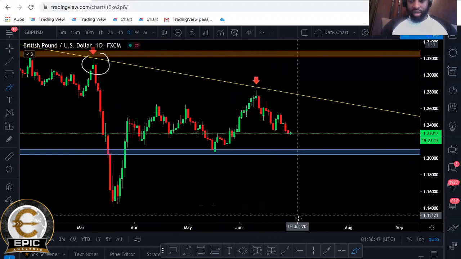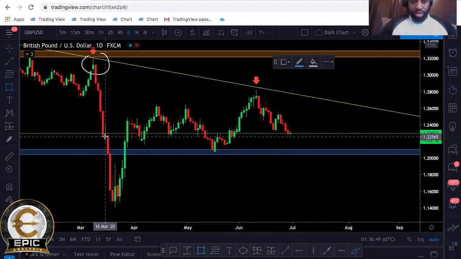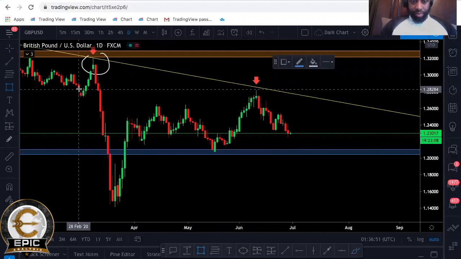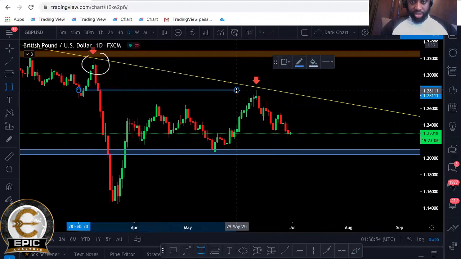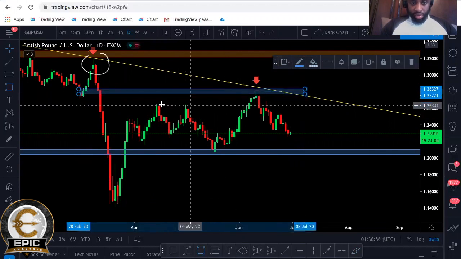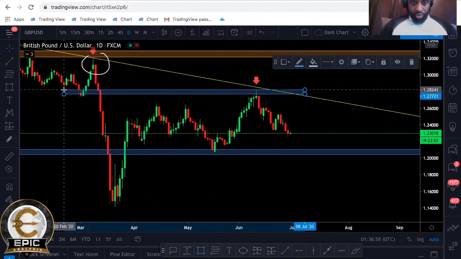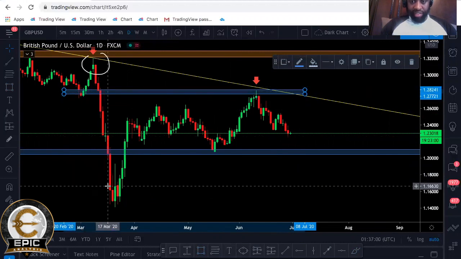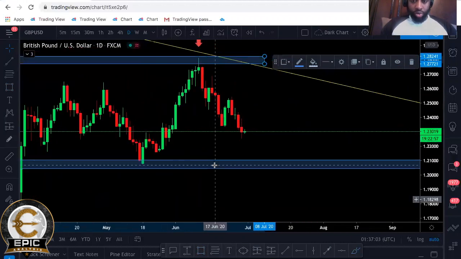So looking at this right here, price came up and retested this structure, previous structure low, before price broke through and gave us that impulsive drop there. So it pulled up here.